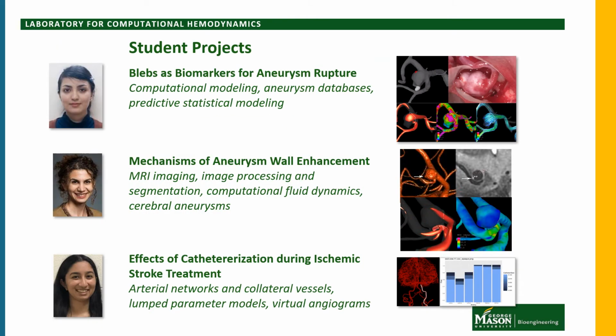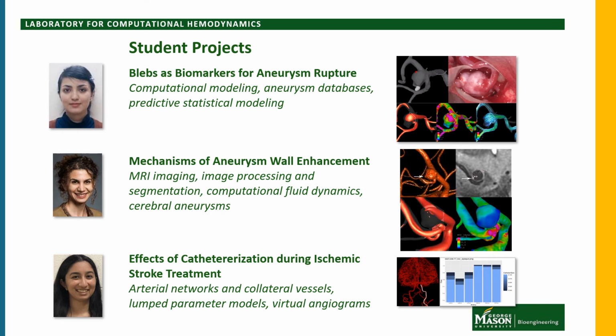Examples of students' projects include, first, studying blebs or secondary outpouchings as potential biomarkers for aneurysm rupture risk, which is the focus of Ms. Setara Salimi, a PhD student in the Computational Hemodynamics lab. Second, understanding the mechanisms of aneurysm wall enhancement in magnetic resonance imaging and its potential as an indicator of wall vulnerability, which has been carried out by Ms. Sarah Haddad, another PhD student in the lab.